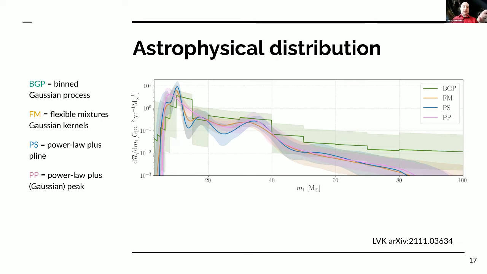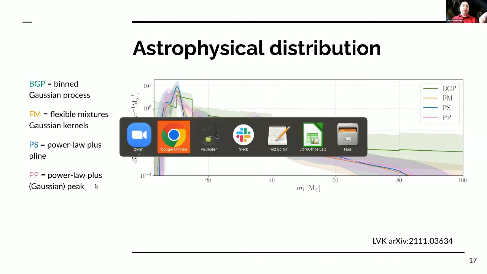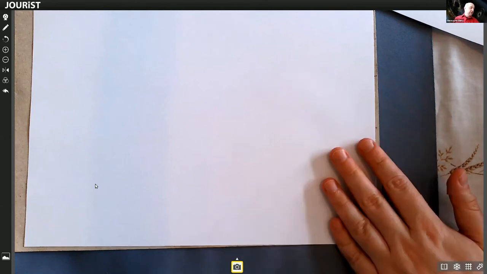Okay, so I want to go back. What are we really doing for these population inferences? We know the basic ingredients. We need to take the number of things we've observed, take into account selection effects, and fit some kind of parametric model to it. What in practice we are doing is another example of inference.